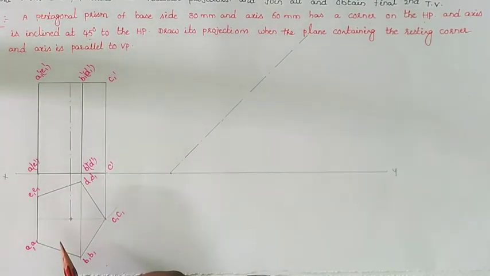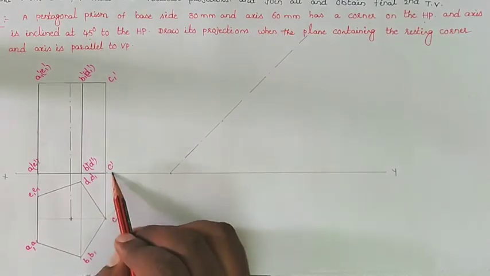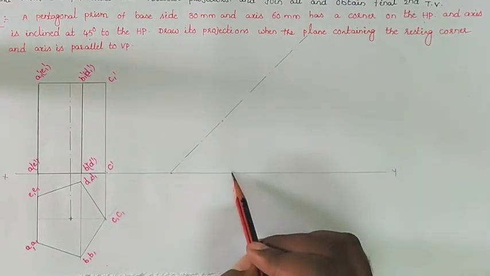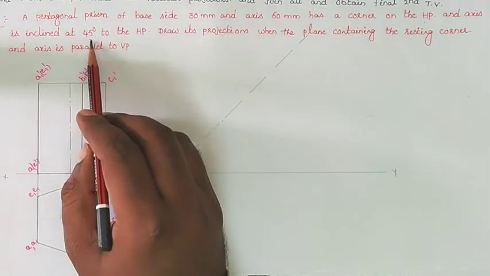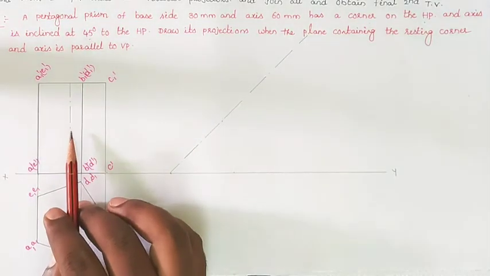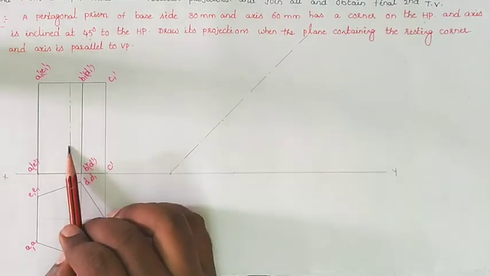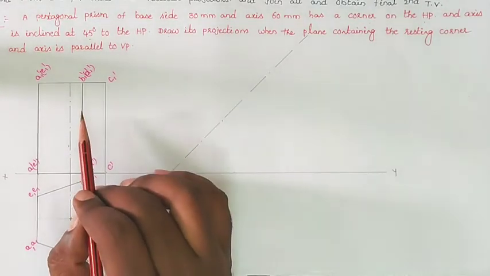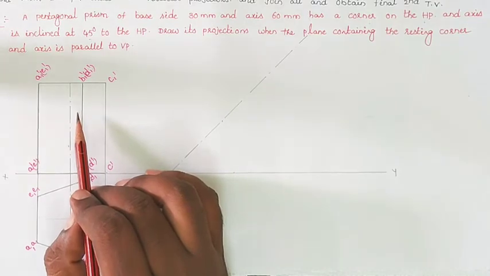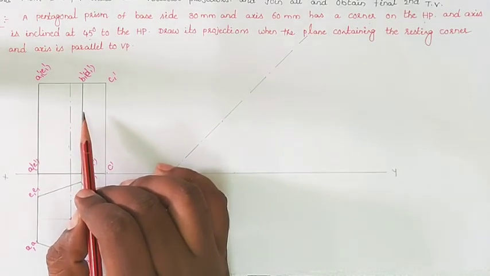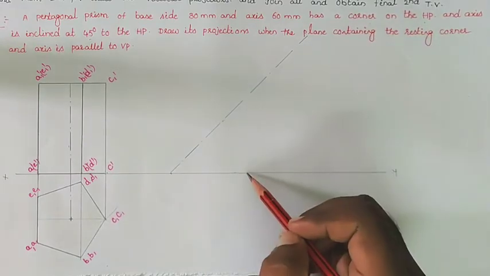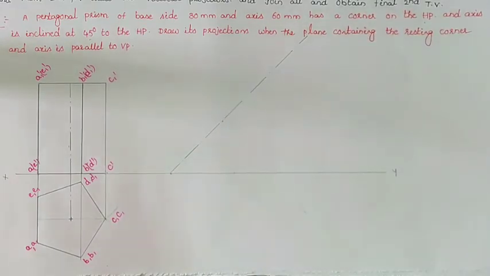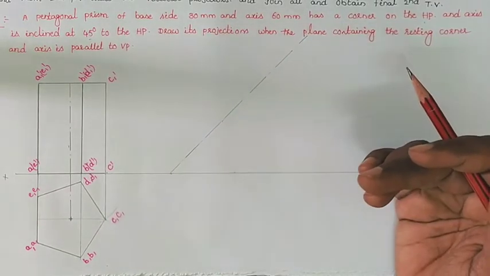In the first top view the corner is C dash. The corner is resting on the HP, they are clearly giving. So when we tilt it, we draw the front view. The first front view is tilted with an angle of 45 degrees. Whenever we tilt the axis line with 45 degrees, we place the corner on the HP, which means the corner is on the reference line. Like that we tilt the axis line with an angle of 45 degrees.